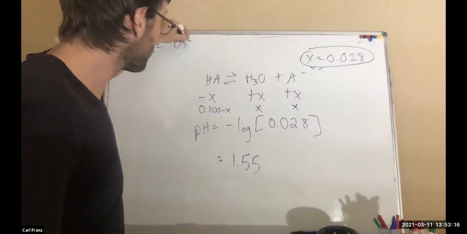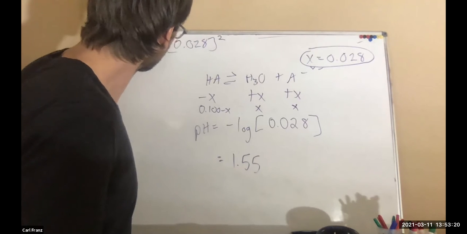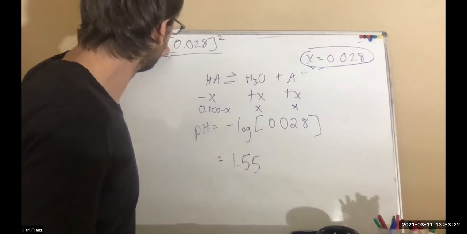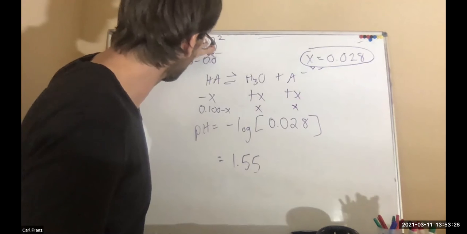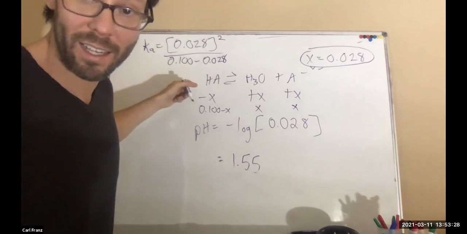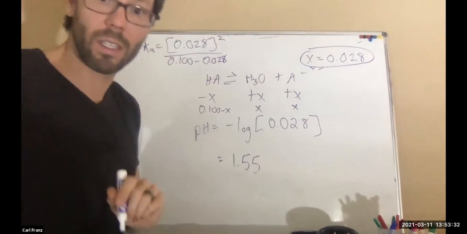So 0.028 squared over 0.100 minus 0.028. Because remember, we said that that X is not small enough to be insignificant.